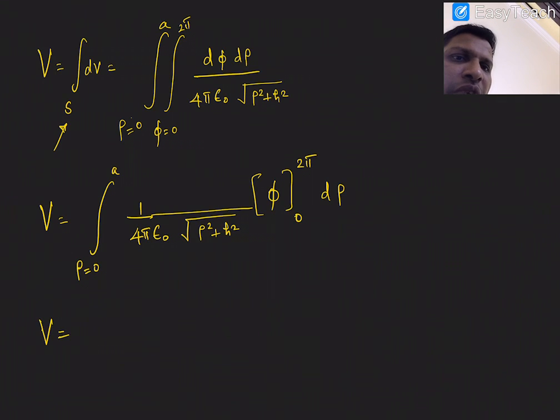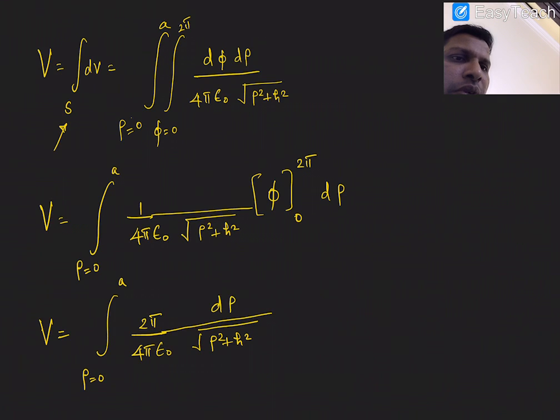So we will get V as the integral, rho changes from 0 to a, 2 pi divided by 4 pi into epsilon 0 square root of rho square plus h square, then into d rho.